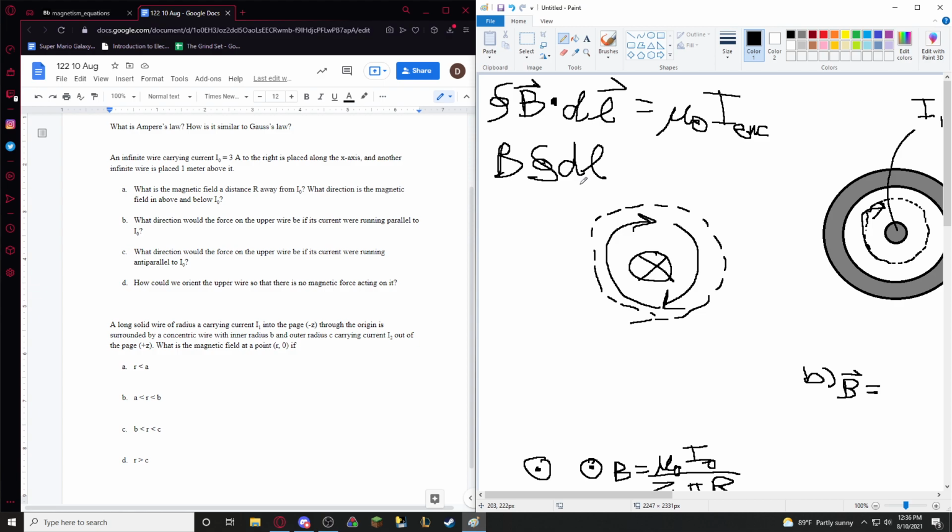Oh, so it's just L? Exactly, it's the total length. So it's B times the total length of our path. I was thinking about Gauss's law again, where we always had that 1 over r. Okay, so what is the total length of our path?